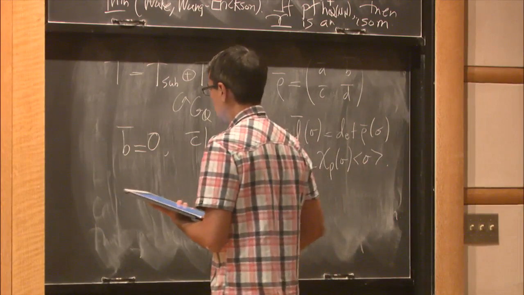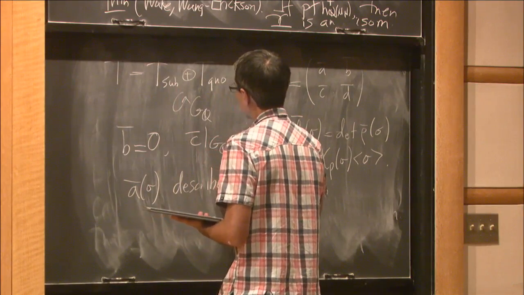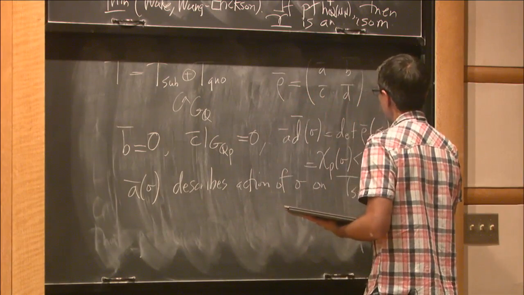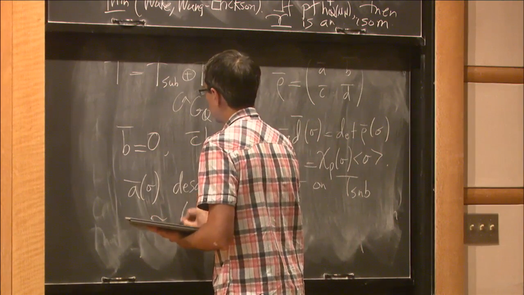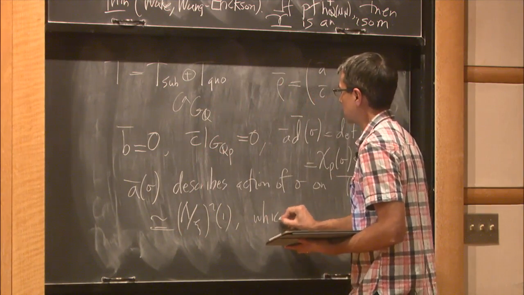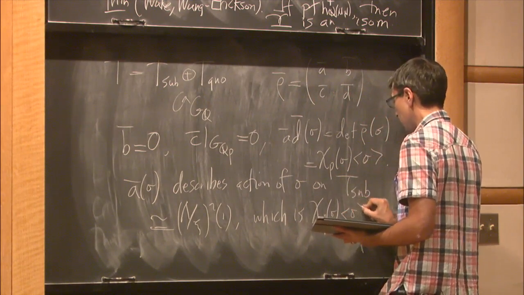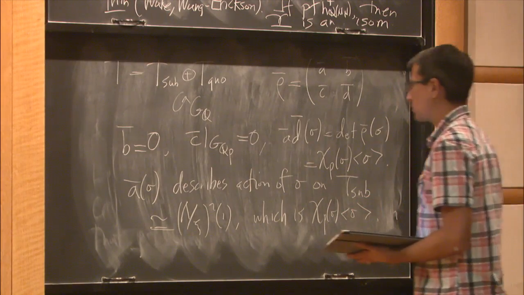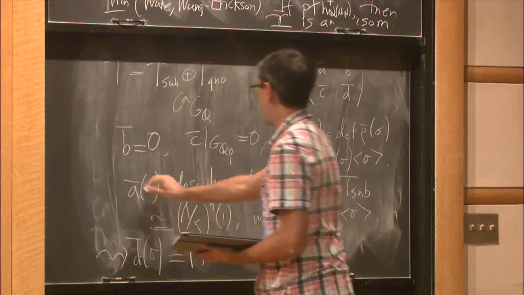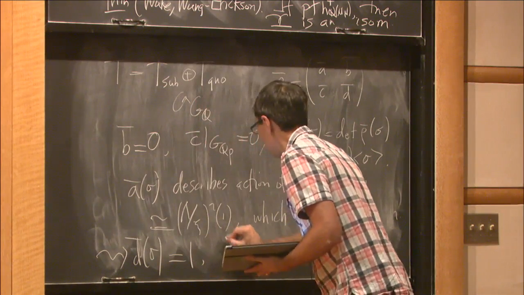But A bar of sigma describes the action of sigma on T sub, which we know. That's isomorphic to lambda mod C iota I, so that action is chi p of sigma diamond operator sigma. So in other words, D bar is 1, and A bar of sigma is the determinant. But now rho bar is odd.